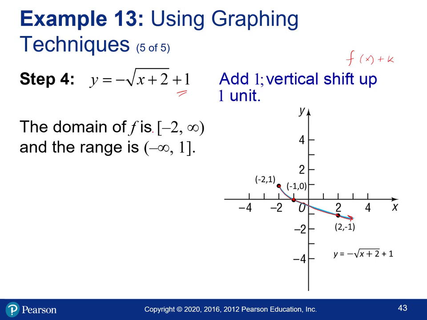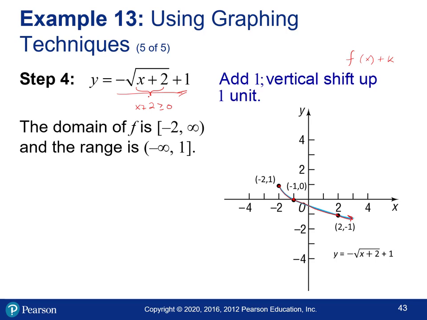And then the domain on this one, notice what you could tell from the graph, or you can go back to the written function, that you can't plug in anything less than -2. From the graph you can tell that there's no graph to the left of -2, but from the function I don't want this to be negative, so it has to be x plus 2 or more, because I don't want to have an imaginary number.